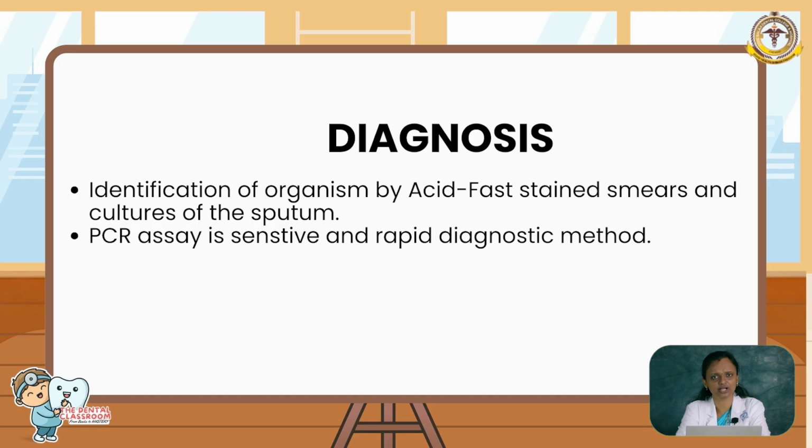Even with culture on solid agar media or liquid media, you can identify the organism. And the most recent one is PCR, polymerase chain reaction. PCR amplification of mycobacterial DNA is the most sensitive test and a more rapid diagnostic method nowadays, so you can easily diagnose tuberculosis in early stages and plan the management accordingly.